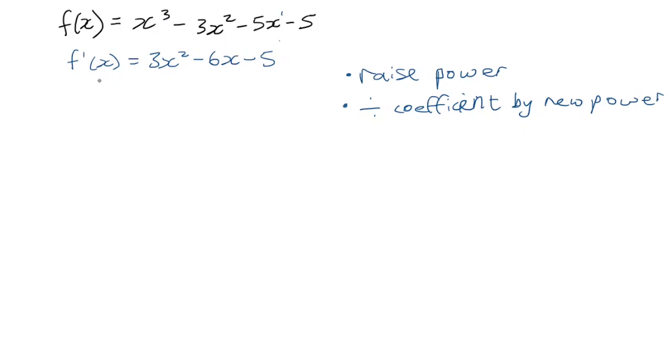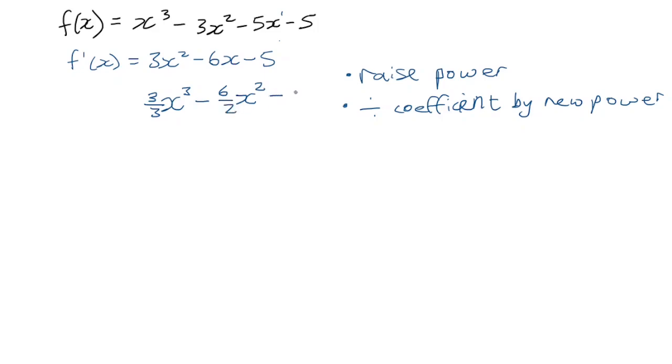It's in black above. So we're going to raise the power by 1 and divide the coefficient that we have by the new power. We're going to raise the power by 1 and divide the coefficient by the new power.